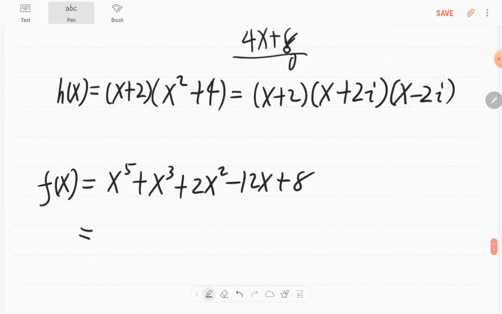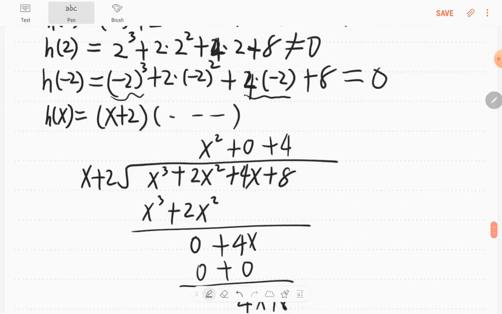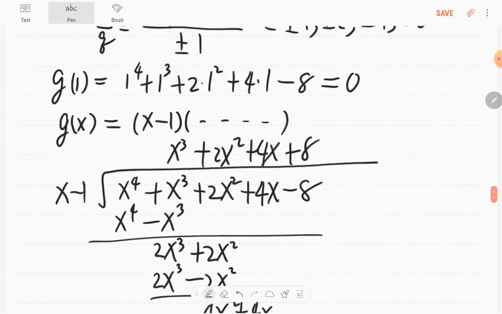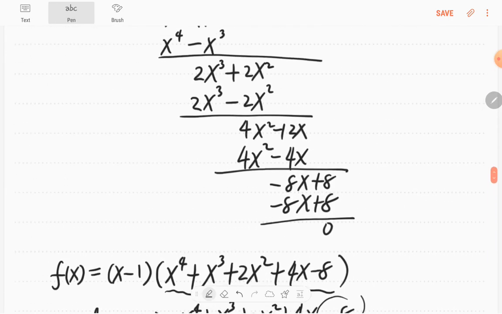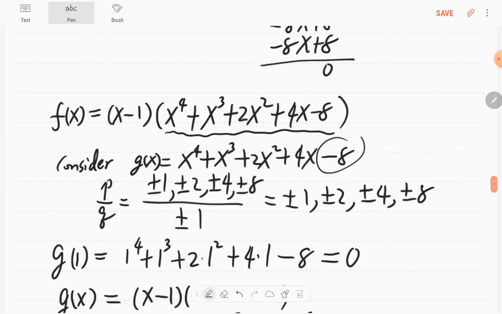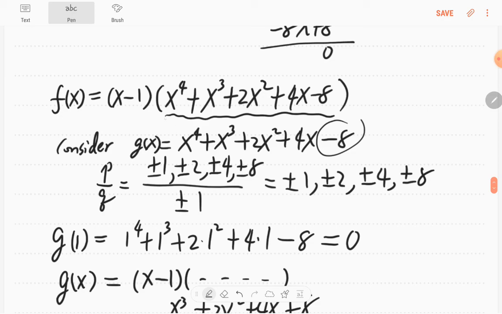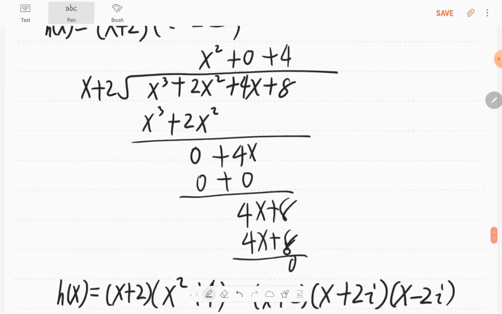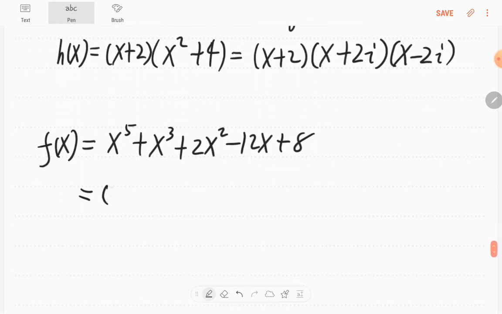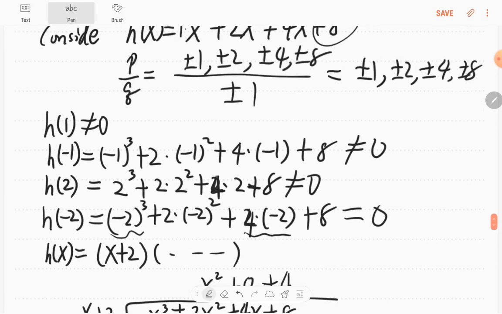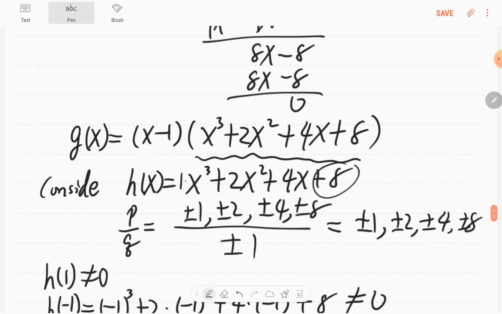This is a very complicated one. It's equal to the first one, we test the x. This one, f of x, can be written as x minus 1, right, times this g. So we must have x minus 1. Our g can be written as x minus 1 times this one, right?